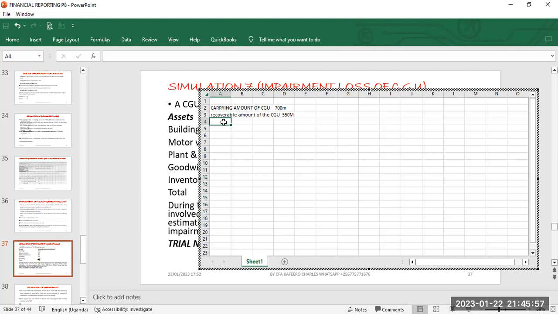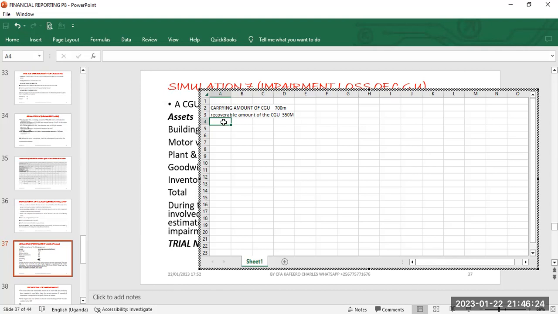Remember we said whenever you're determining whether an asset has been impaired, you compare the carrying amount and the recoverable amount. But we said the recoverable amount is the higher of the value in use and the fair value less cost to sell.